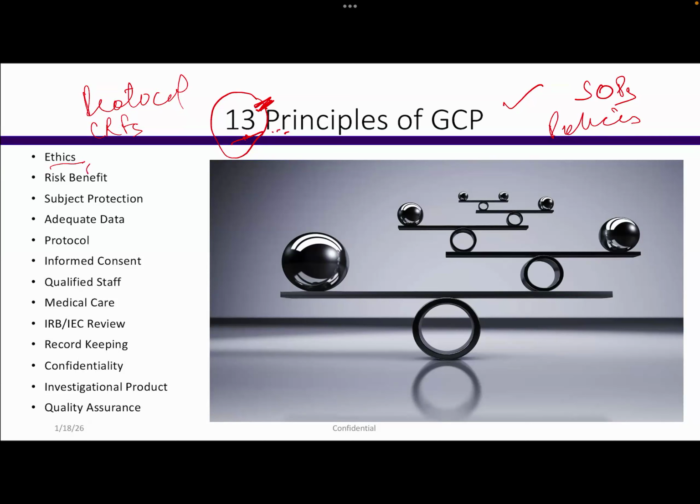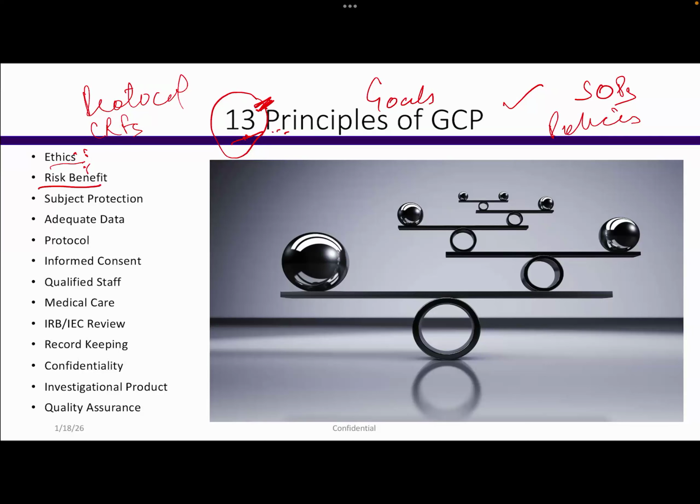When you are searching a literature, when you are writing your protocol, when you are designing goals of your study, you have to think, if I am designing this goal for this particular research, is it ethical? Is it ethical means in favor of the participant? You are taking informed consent. You have to be ethically sound. You are not forcing them. You are not influencing them in a bad way.